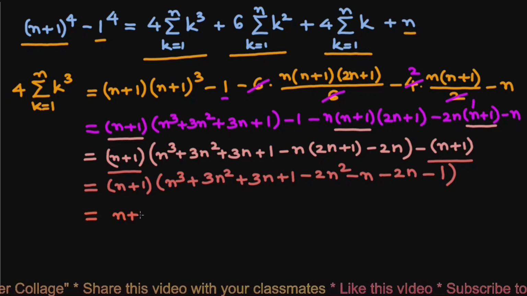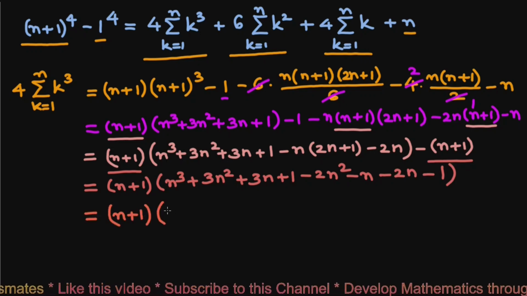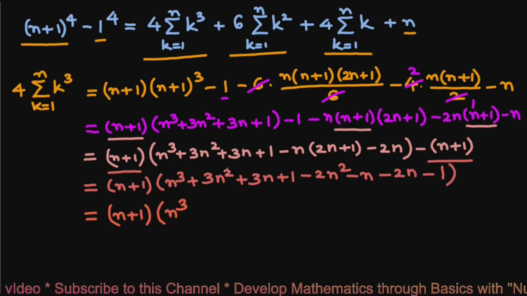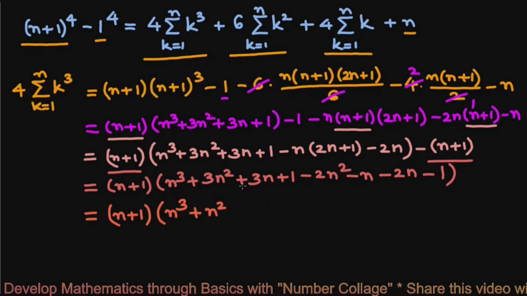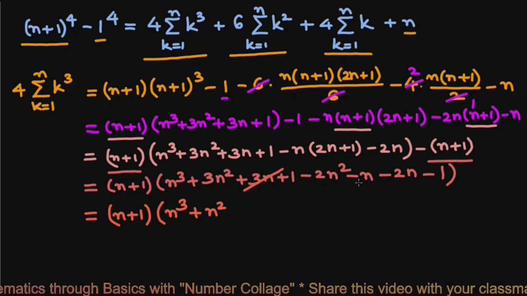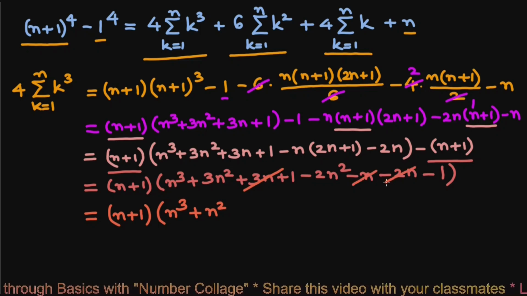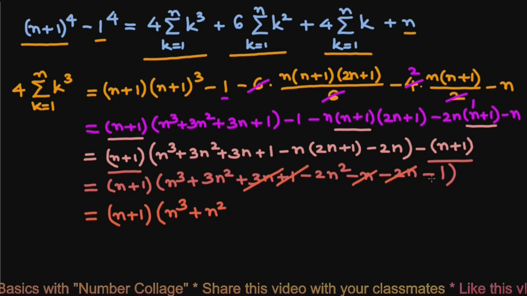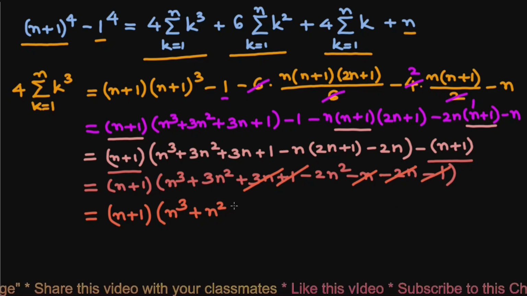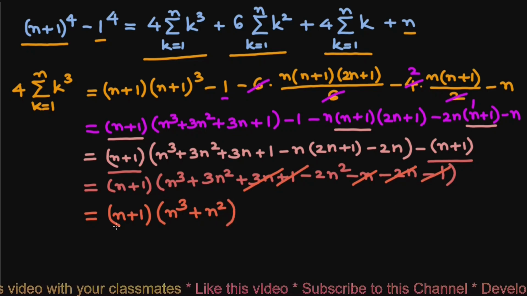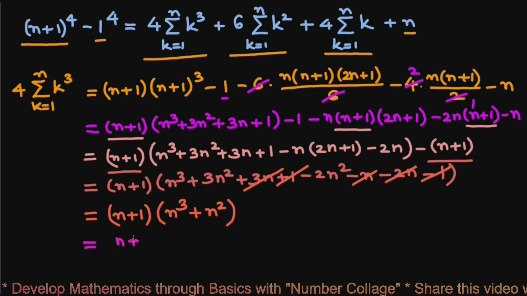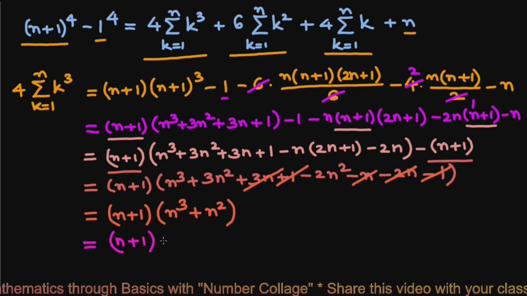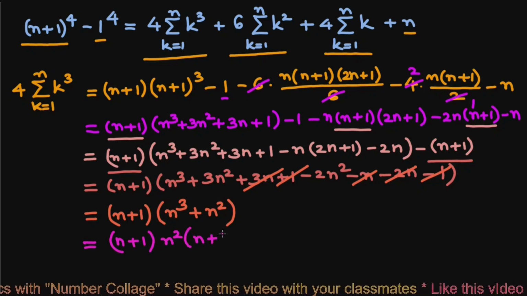This will be (n+1) into this n cube. 3n squared minus 2n squared will be n squared. This 3n cancels with this minus n and minus 2n, this plus 1 cancels with this minus 1, and what we get is (n+1) into n cube plus n square. Taking n square common, it will be (n+1).